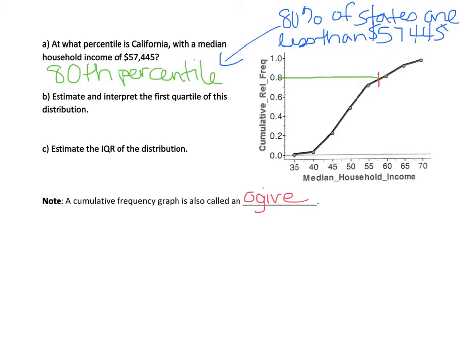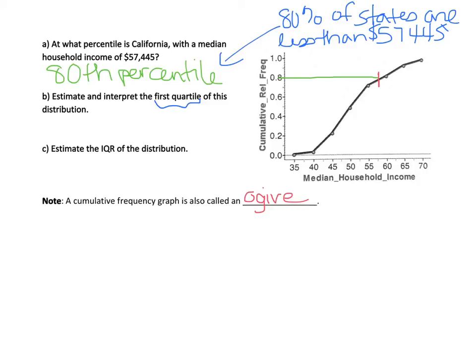So now the next question is kind of an interesting one. I asked you to estimate and to interpret the first quartile. So the first quartile, you may or may not remember this, is like the half of the first half. So it's actually going to be 1/4 of the way through the distribution.